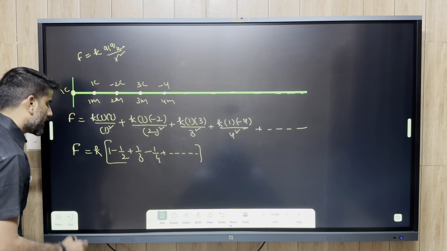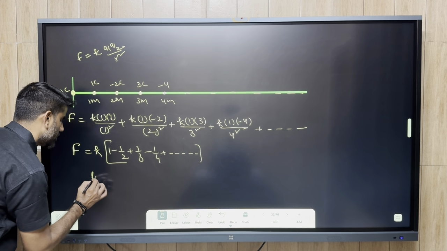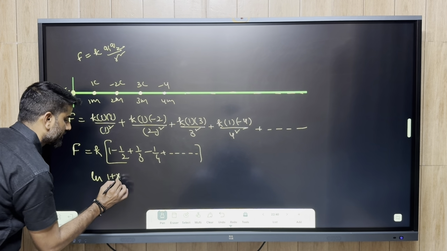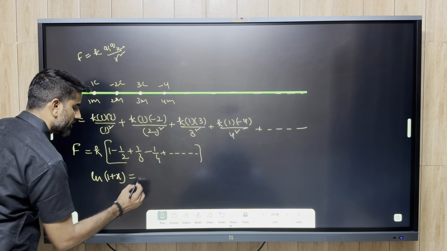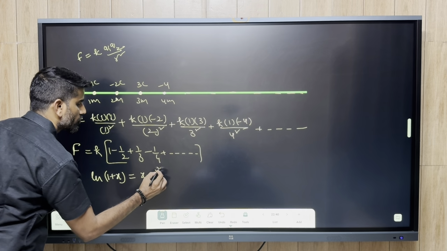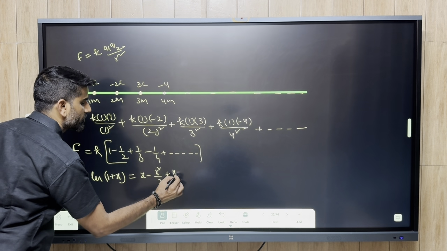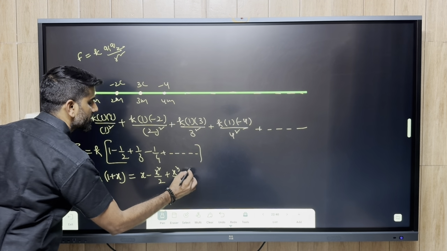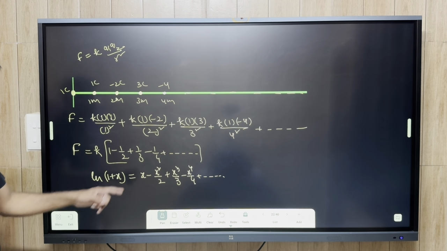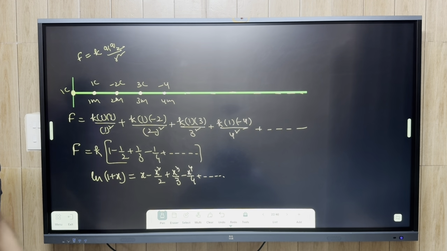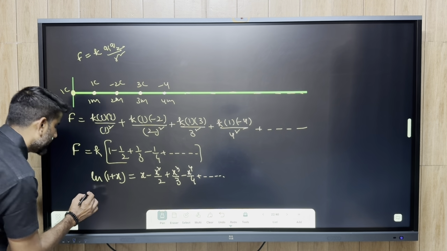This is a familiar expansion. We have an expansion like log 1 plus x. It is expanded like x minus x square by 2 plus x cube by 3 minus x to the power 4 by 4 plus so on. This is the expansion for log 1 plus x.